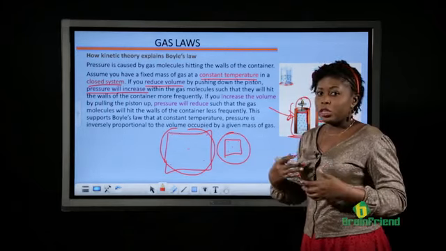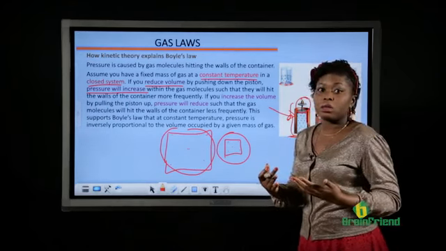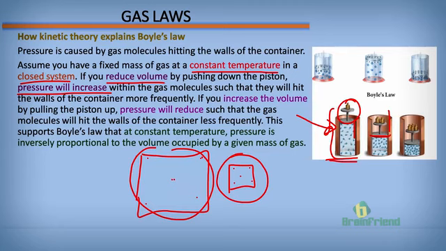So that collision is what is bringing about an increase in pressure, because we have reduced volume by pushing down this piston. So pressure has increased. So you see how they are inversely proportional. Reduced volume is bringing about increased pressure.